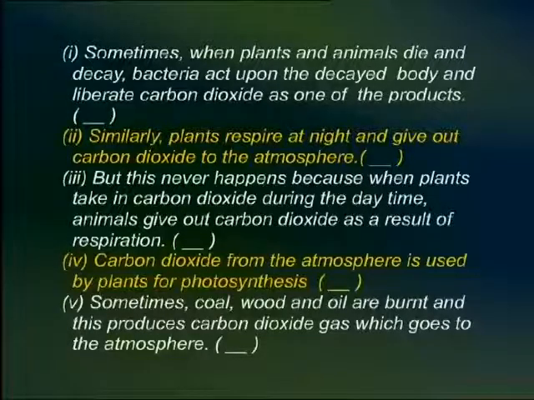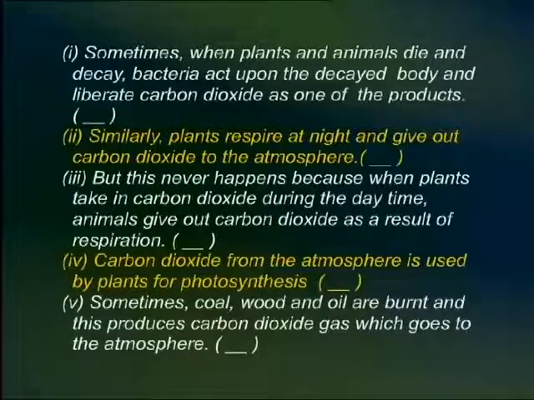Now, your knowledge of sequencers can come into use over here. Similarly, plants respire at night and give out carbon dioxide to the atmosphere. Sentence number 3. But this never happens because when plants take in carbon dioxide during the daytime, animals give out carbon dioxide as a result of respiration.